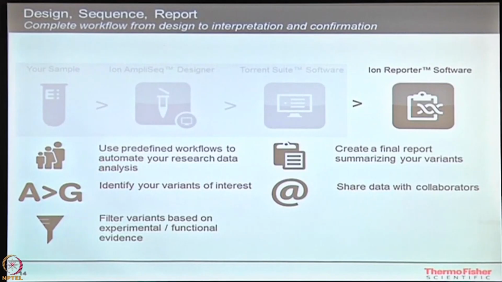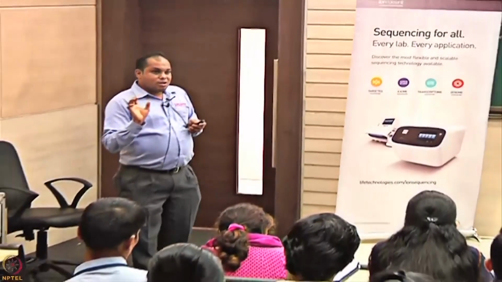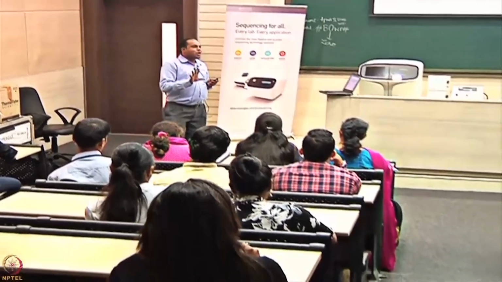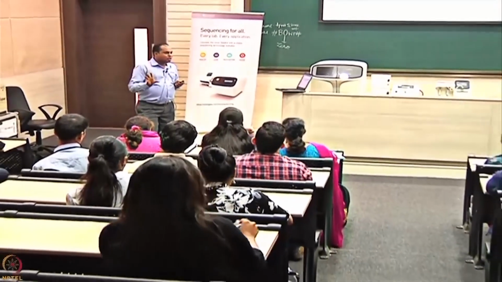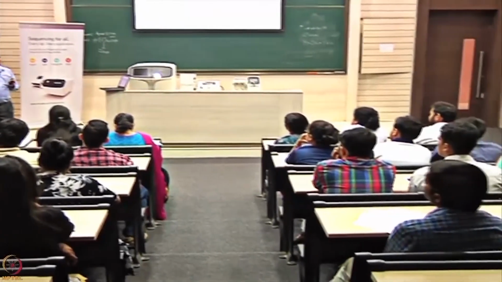Okay. Now, this Ion Reporter software will help you to understand the variant positions, take it further and do certain statistical calculations. Have you heard about the protein evolutionary study parameters which are called SIFT, PolyPhen, Grantham? Okay. So, these are certain parameters which are actually calculated when there is a protein change happening, like you have a variation coming in and a protein change happening.